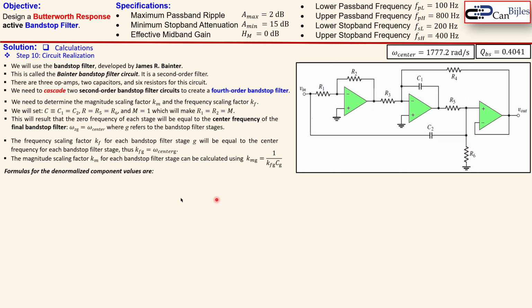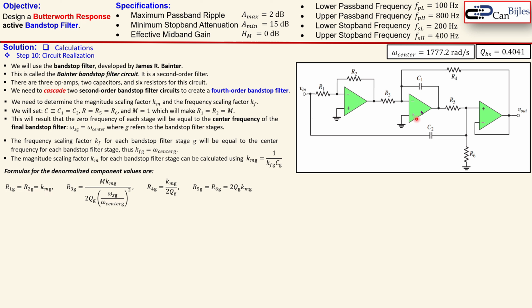Okay, now the formulas for the denormalized components are shown here. R1 and R2, the G is really the stage, so if you just skip that, you can see R1 is equal to R2 is equal to Km, which is the magnitude scaling factor.